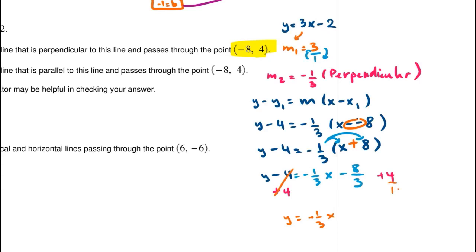We need the same denominator, so we multiply by 3 over 3. That will give you negative 8 over 3 plus 12 over 3. So y equals negative 1/3 x plus, negative 8 plus 12 is positive 4 over 3. Okay, so that's the answer for part A.